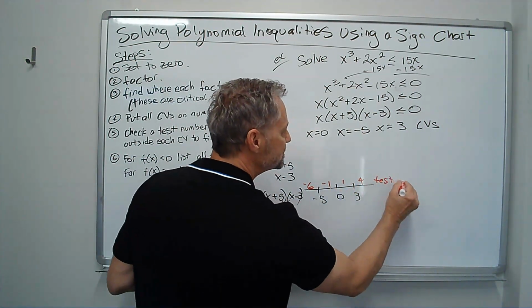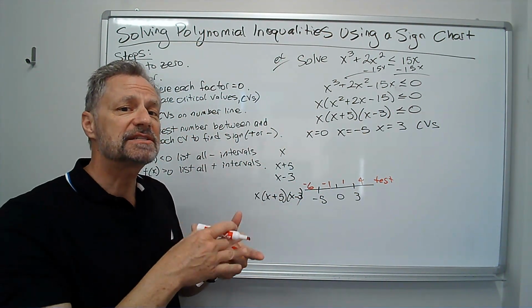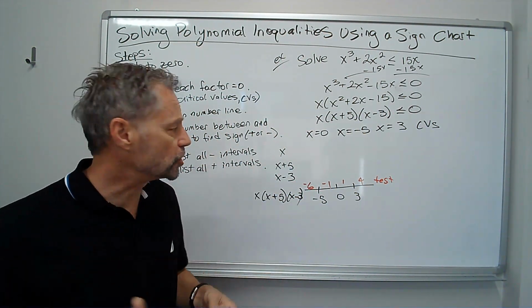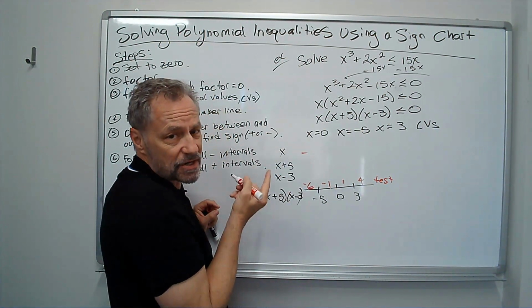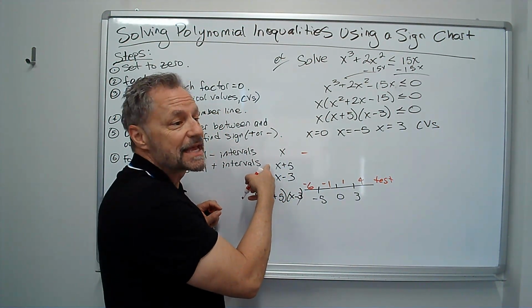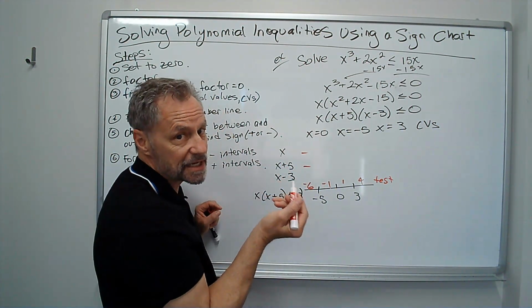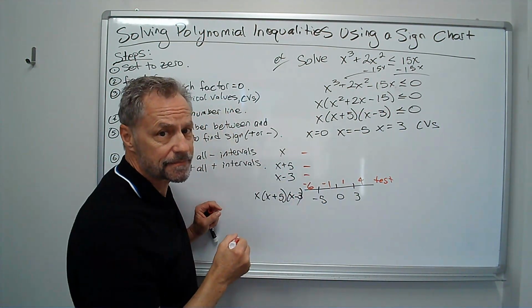I'm plugging them into each of my factors just to see if it's positive or negative. If I plug in negative 6 here, I just get negative 6. I don't care about the number, just the sign. Negative 6 plus 5 is negative 1. Again, just the sign. And negative 6 minus 3 is negative 9.